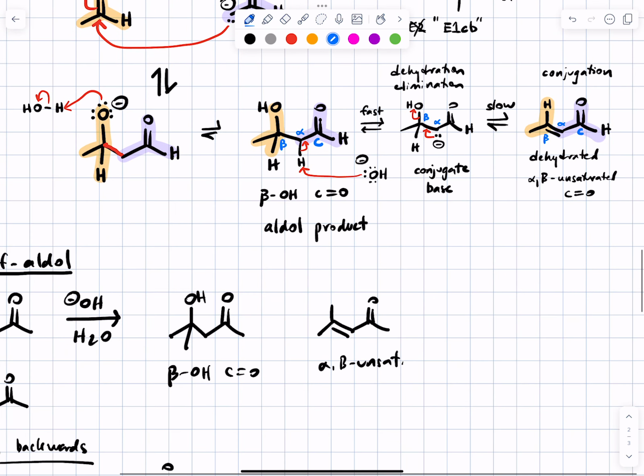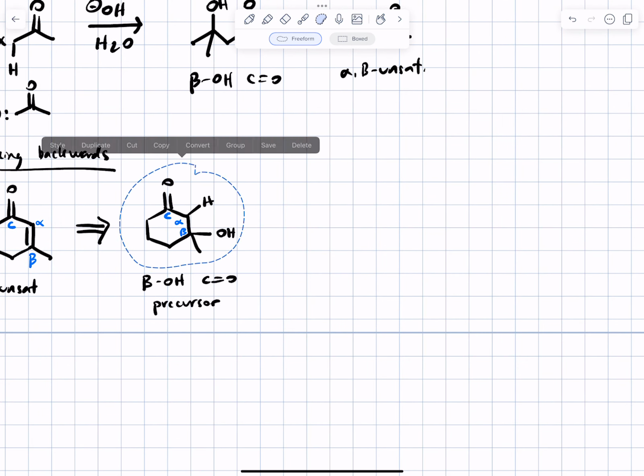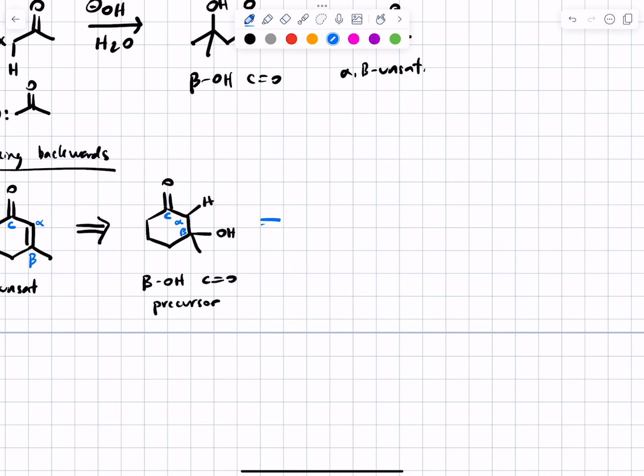Notice that the precursor to the beta hydroxy carbonyl is the deprotonated alcohol. So we'll draw the precursor in which the proton is removed from the beta hydroxy group.